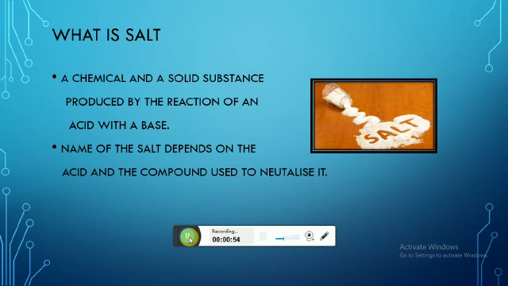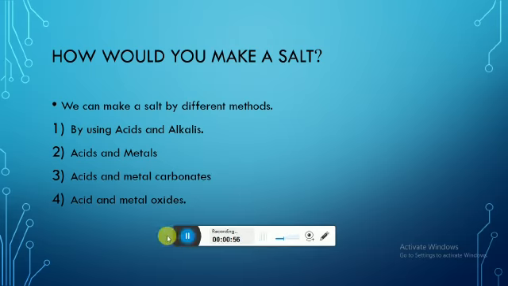As I told you, we discussed the naming, how we name them and how we make them. And I told you earlier there are four different methods through which we can make salts. The first method is by using acid and alkalis. The second method is acid and metals.